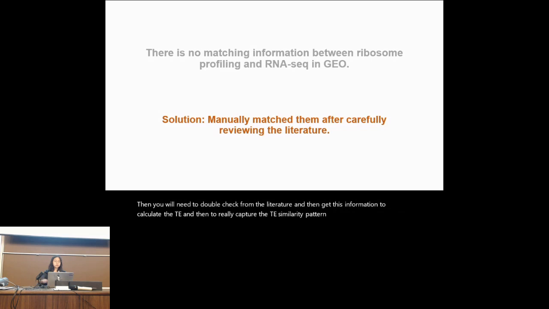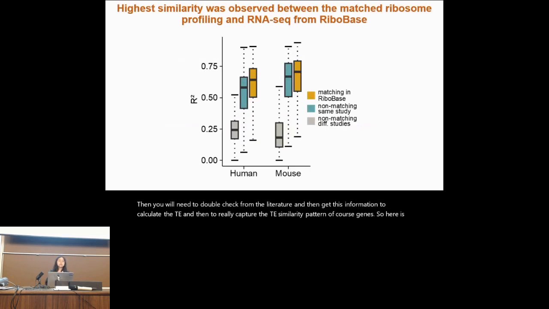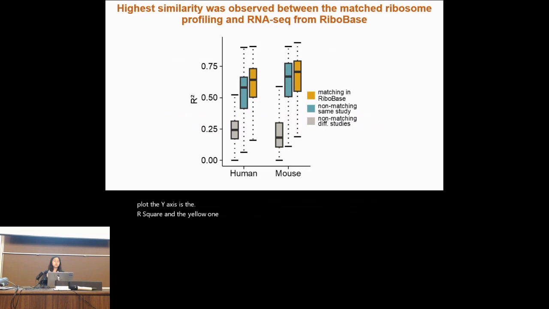Here are the evaluation results from our ribosome database. We did a manual curation matching between ribosome profiling data and RNA-seq data. In this box plot, the y-axis is the R squared, and the yellow one shows the matching information that you can get from our database.